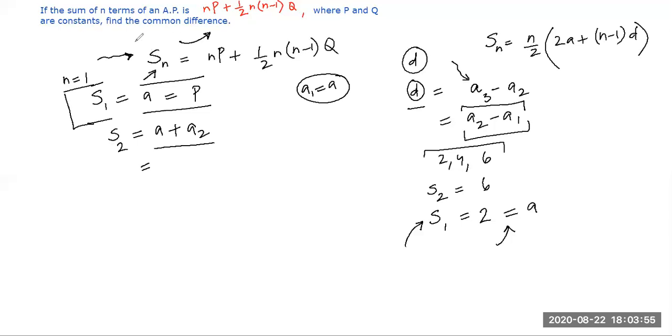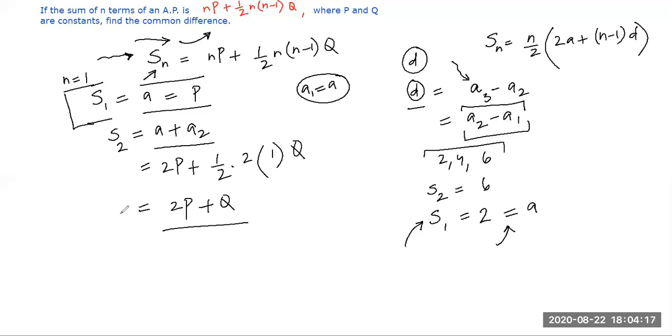He has given the formula for Sn, so simply put the value of n as 2. So 2p plus 1 by 2 into 2 minus 1, which is 1. So this is equal to 2p plus q.